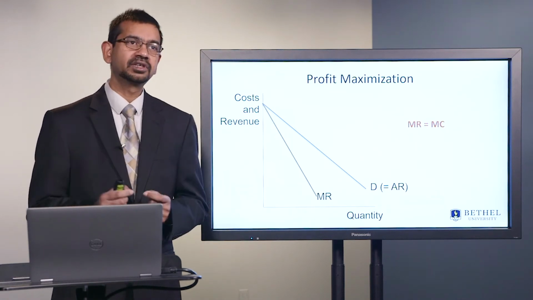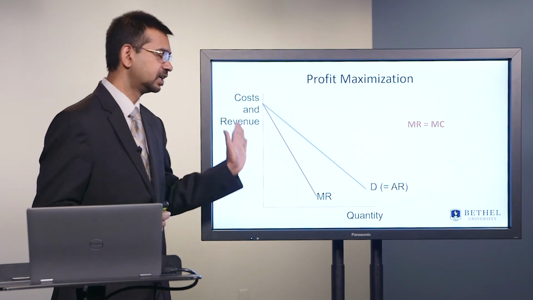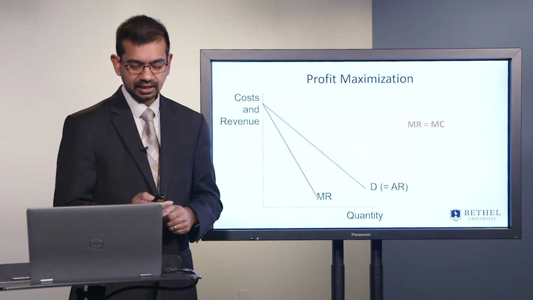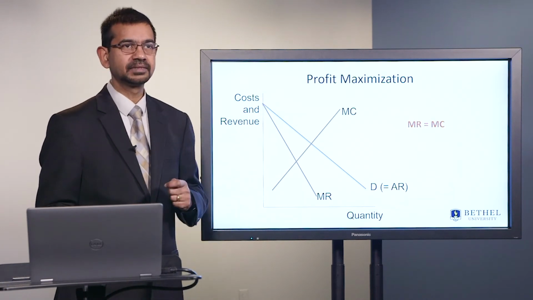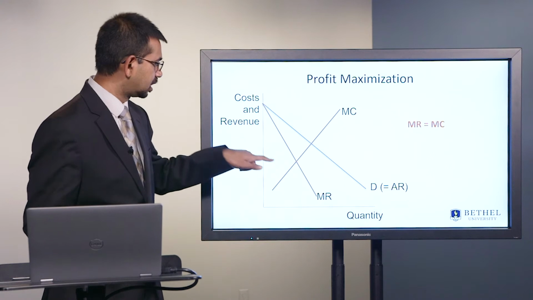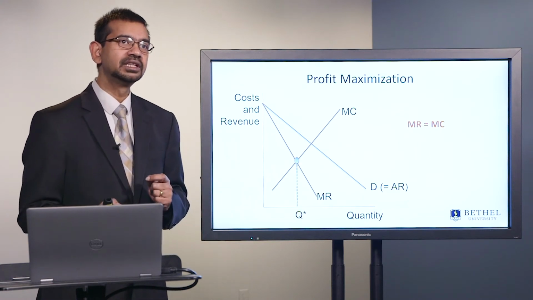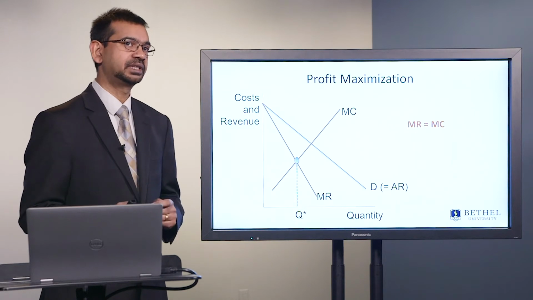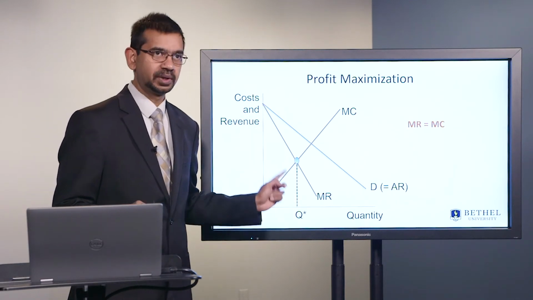The marginal revenue curve is twice as steep as the demand curve, so it's going to be under the demand curve, but twice as steep. And the marginal cost curve typically is upward sloping. So where MR equals MC is right there, so this will pinpoint the profit maximizing condition for a monopolist. We can drop a line down to find the optimal monopolist quantity.